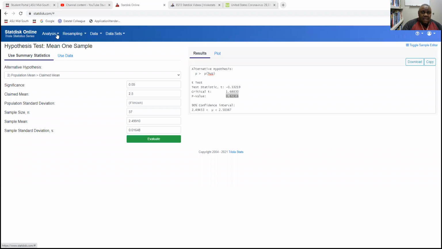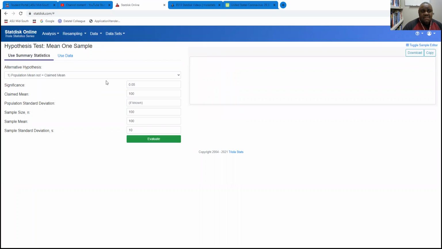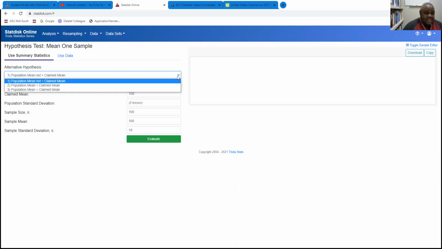we'll go to StatDisk. Now, again, if you want to, you can start from scratch by going to analysis, hypothesis testing, then mean one sample, because in that problem it does say mean weight again. Now, let's read this problem because we have to choose one of these 3.